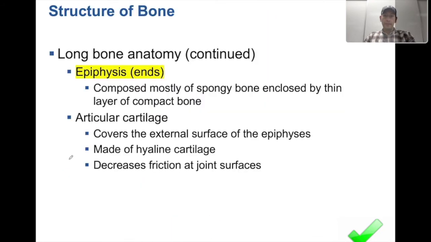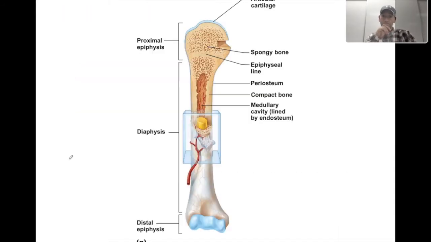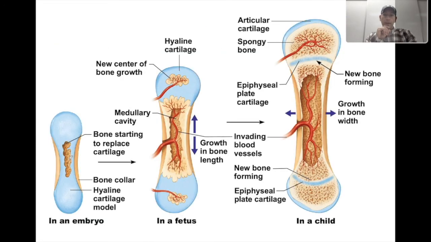Okay, very good. The next category that we're going to talk about here is the difference between an epiphyseal line and an epiphyseal plate. Now, when we're still in our embryological stages, our bones are actually not bones. They're actually cartilage, and they turn into bone cells. Our cartilage cells turn into bone cells. And so the cartilage is replaced by bone.